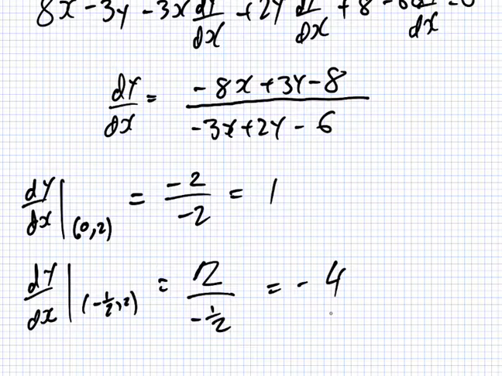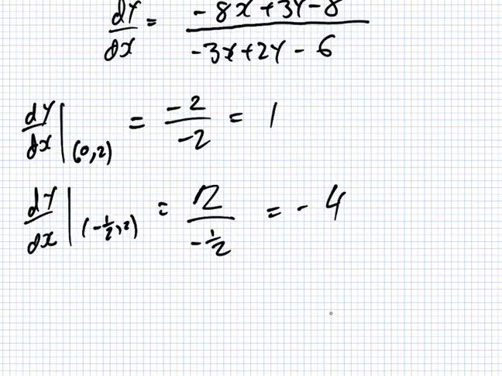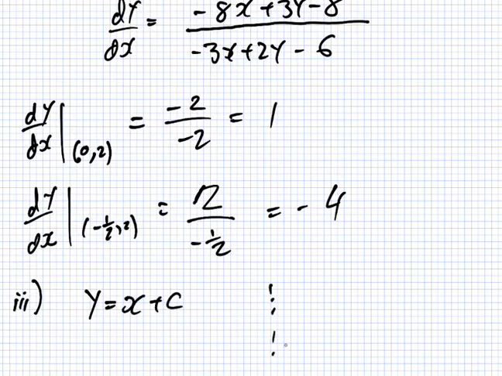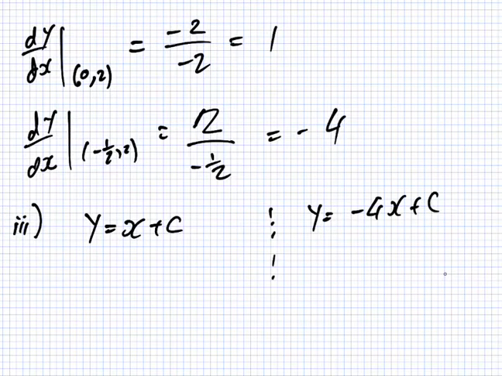I mean, I don't have a calculator, but you have a calculator, so this should be very easy for you. And then the last part is find the equation of the two lines and find where they meet. So for the first one, it will be y equals m, which is 1, x plus c. And then for the second line, it's y equals m, x plus c. How do we find the c? With a point.